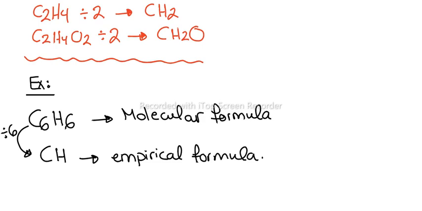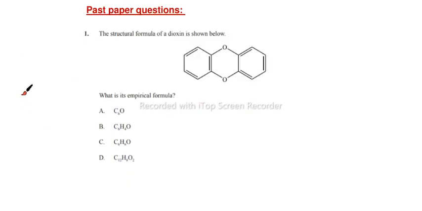I'm going now through a question taken from the past paper. It's actually a multiple choice question, and I've got an idea here. The structural formula of dioxin is shown below. What is the empirical formula for the molecule given? In this question, I have the structural formula, so I need to think about what is the chemical formula of this compound.